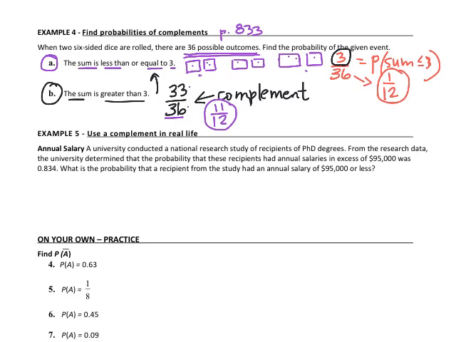So if you notice here, these two fractions would add up to 12/12. 11/12 plus 1/12 equals 12/12, and that means that we have accounted for all of the outcomes if we get to 1. 1 is also equal to 100% chance that either the sum is greater than 3 or the sum is less than or equal to 3.